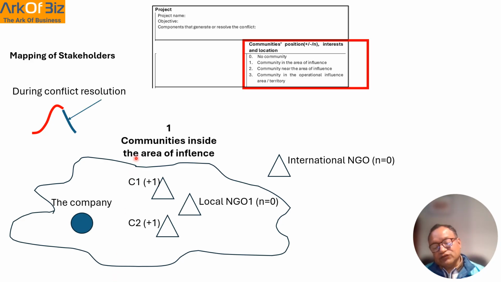Let's go to the solution stage or the conflict resolution stage. So in this example, we have the same stakeholder list. As you see, we have the company, community 1, community 2, and both NGOs. So as you can see, each community inside the area of influence now has a positive value 1, reflecting their participation in finding solutions.